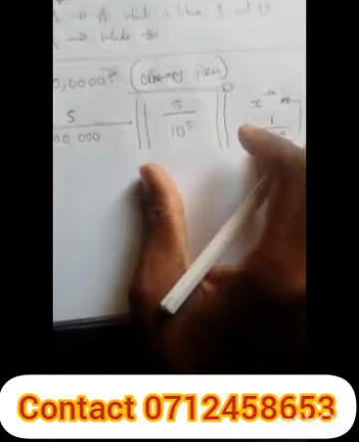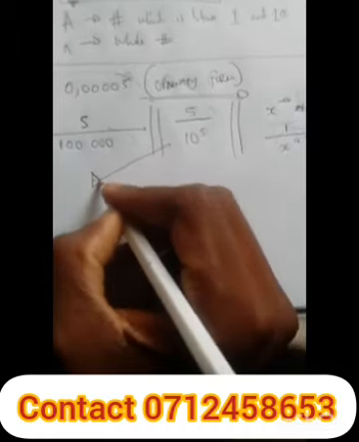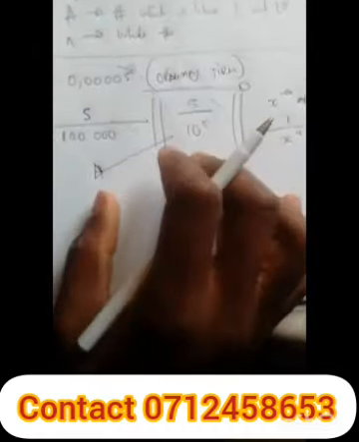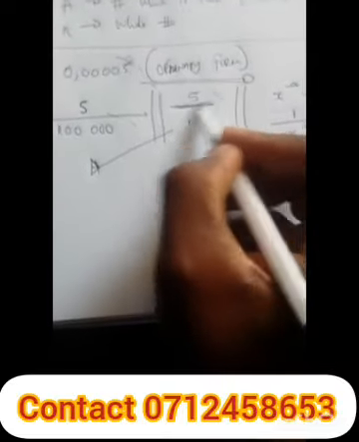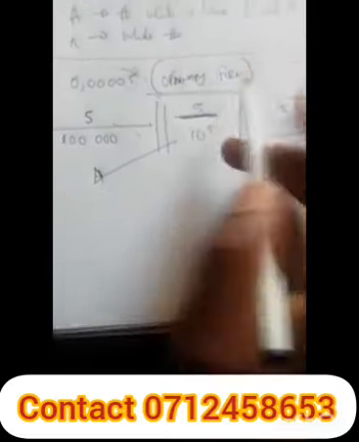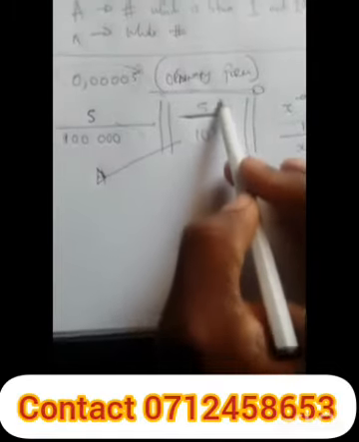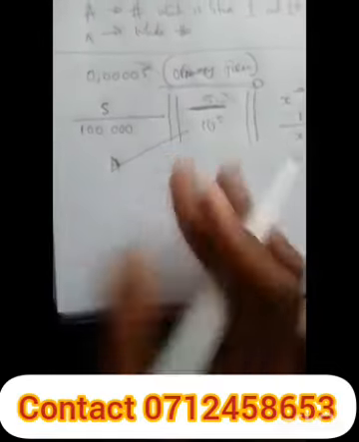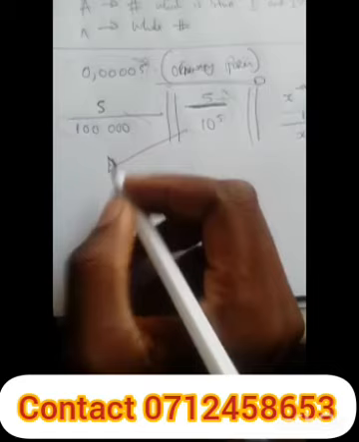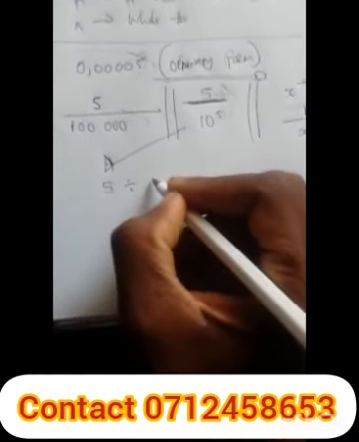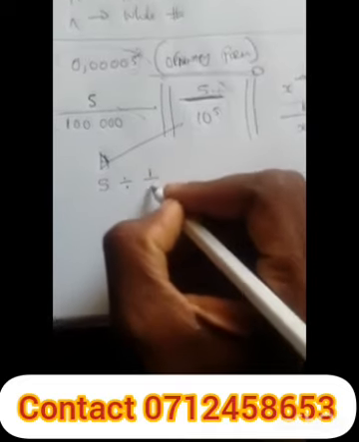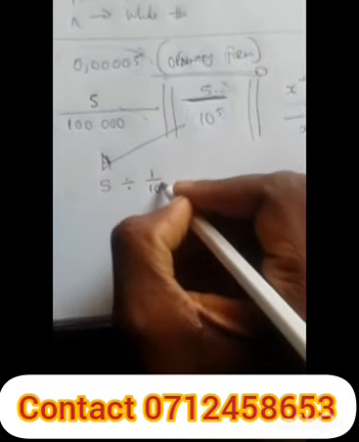Now, for you to understand what I'm trying to say, here we've got 10 to the power of 5 downwards, down this line. So if this 10 to the power of 5 comes on top, I'm already having 5 divided by 1 over 10 to the power of 5.